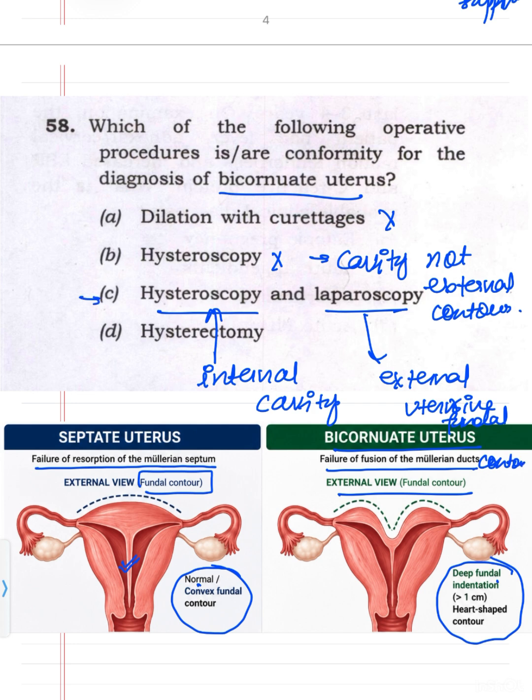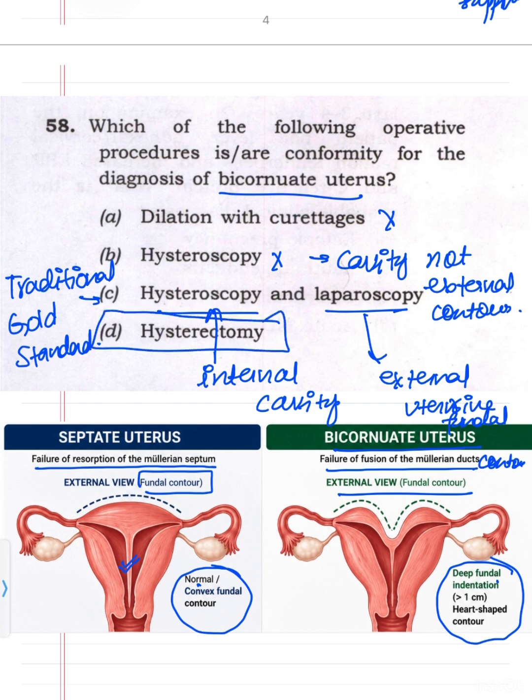So this is your traditional gold standard. Now hysterectomy is not a diagnostic procedure. You are going to remove the uterus. No. Why are you going to remove the uterus just for diagnosis of the bicornuate uterus? No, there's no meaning of it. So the answer will be C, hysteroscopy and laparoscopy.